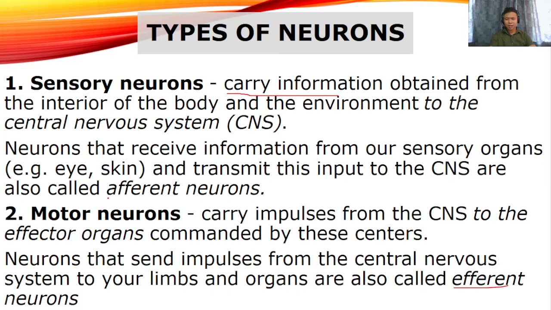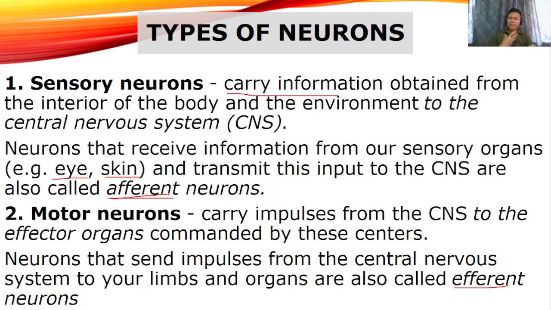They are usually the afferent neurons that receive information from our sensory organs, let's say, eye, skin, tongue, nose, ears, and other senses, and transmit this input to the central nervous system.